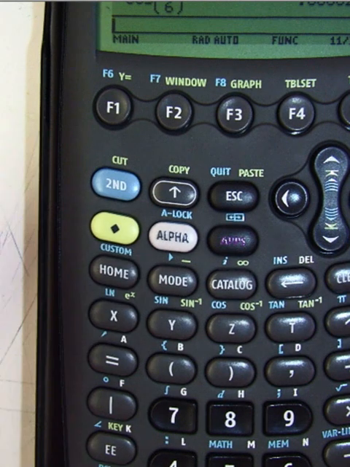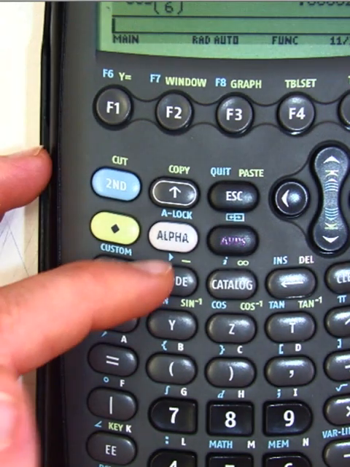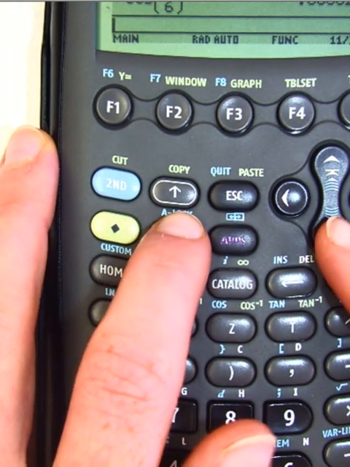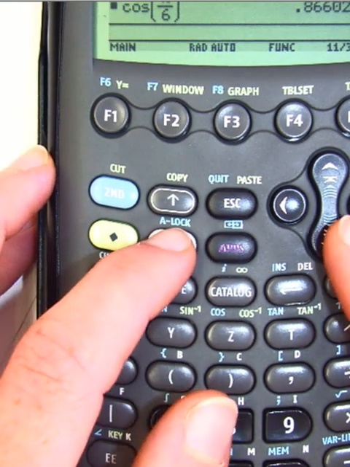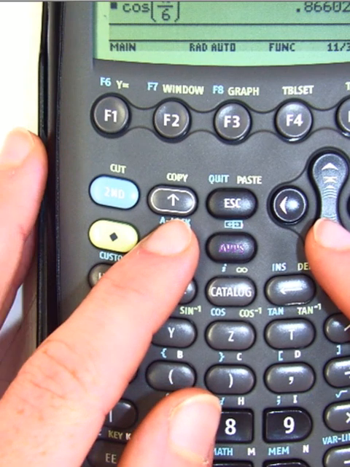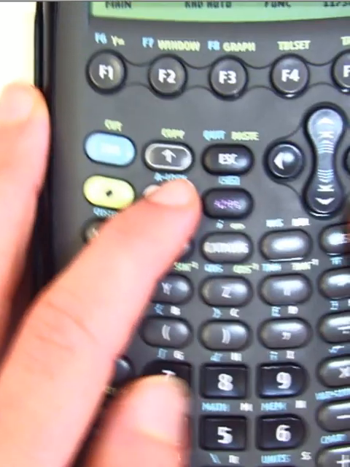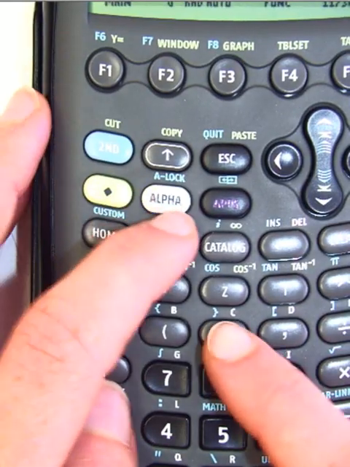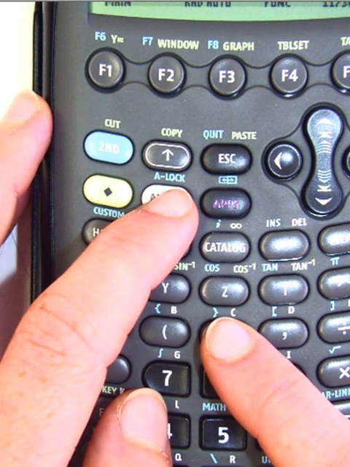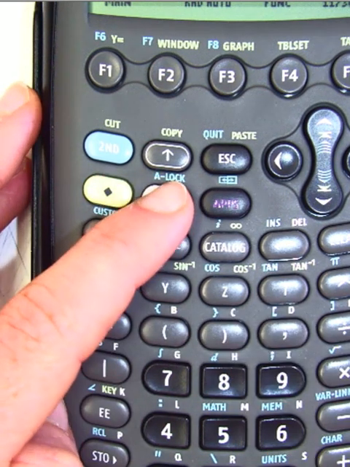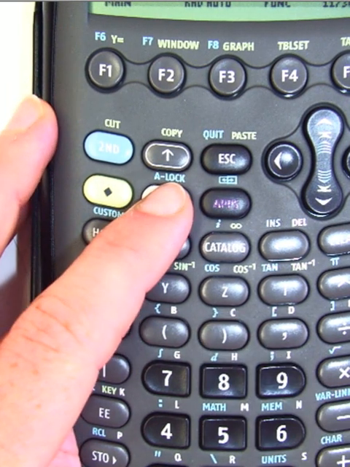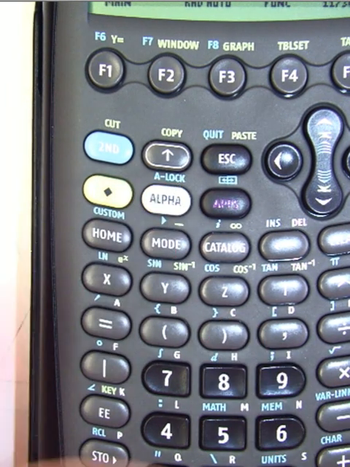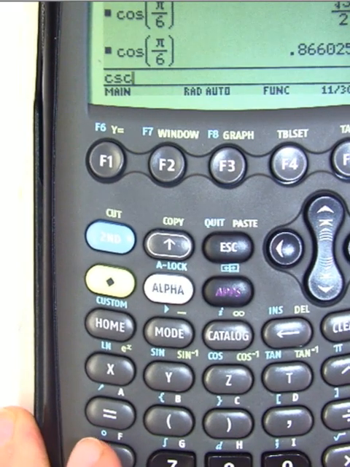Now, you don't have secant and cosecant buttons on here, but what you can do is spell it out. Okay, so say we want cosecant of pi over 4. We're going to do alpha, and our C is right there above the parenthesis. Alpha 3 for the S, alpha C. So there's the CSC for cosecant.